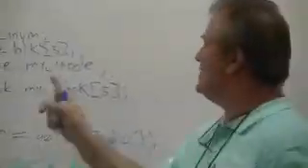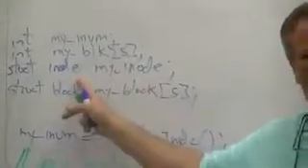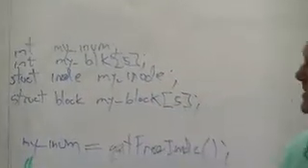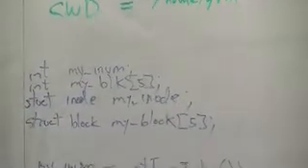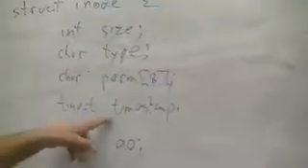And in that object of type struct inode, it has a series of components. Namely, it's got a size, a type, permissions, a timestamp, and a whole boatload of addresses. That's what's inside the struct.